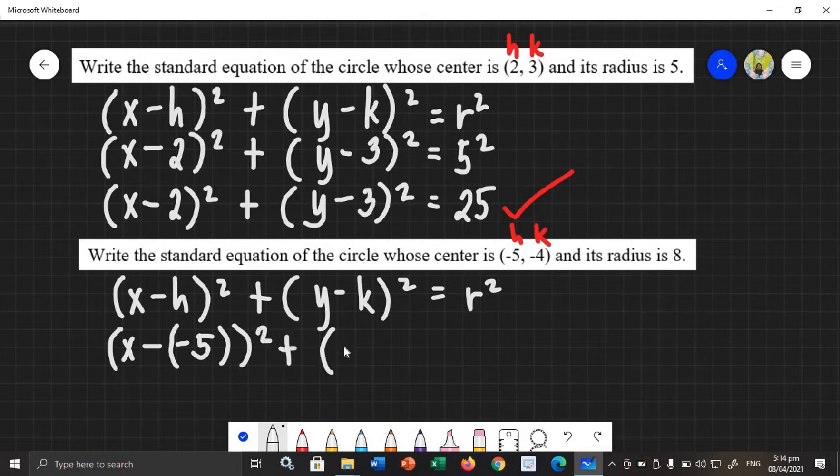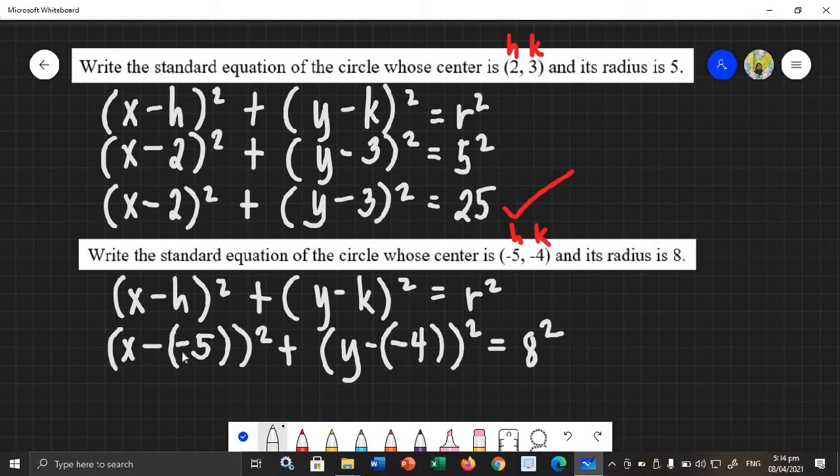Plus, we have y minus, k is -4. So, put parentheses also to separate the operation sign from the sign of 4. And then squared equals, r is equal to 8. So, we have 8 squared. Then, we simplify what can be simplified.